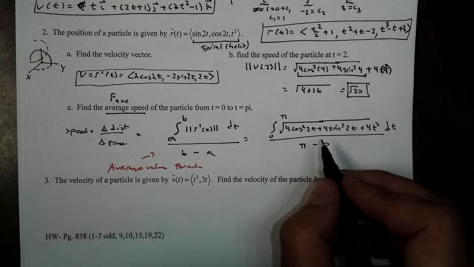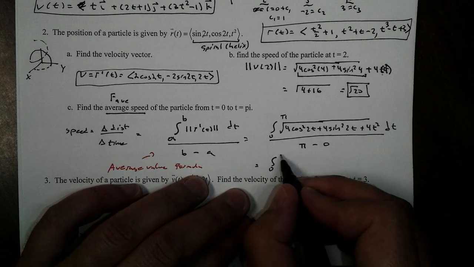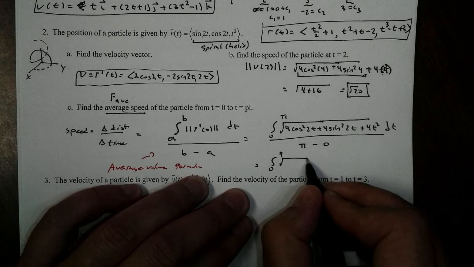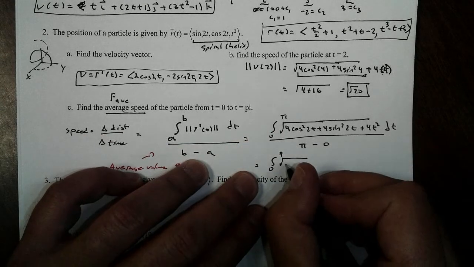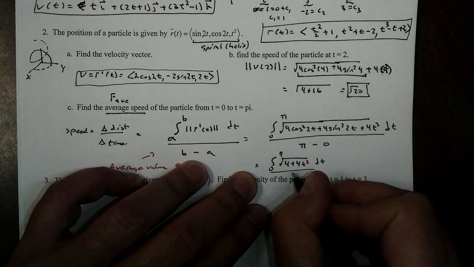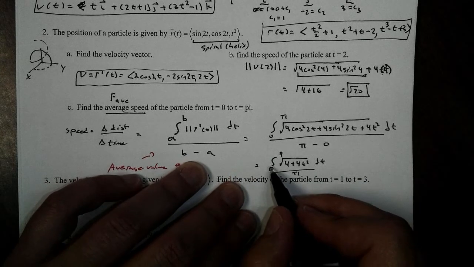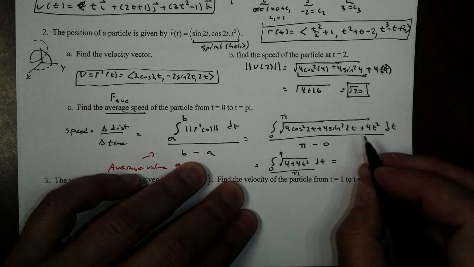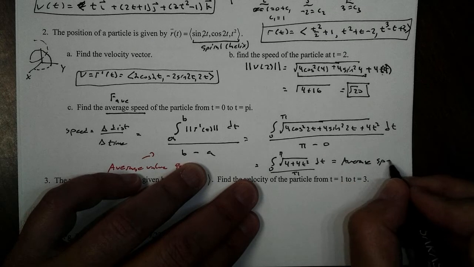Now that looks really super ugly and nasty, but it does clean up pretty nicely. Let's take a look here, 0 to pi. The inside is not too bad. That just becomes 4 plus 4t squared dt divided by pi. And this will give you your average speed.